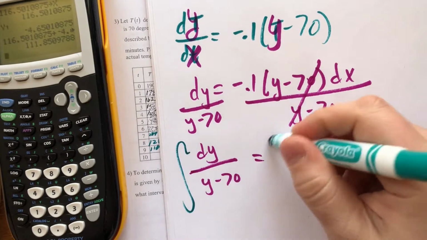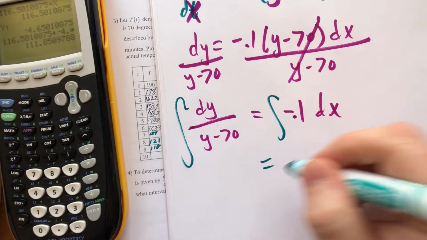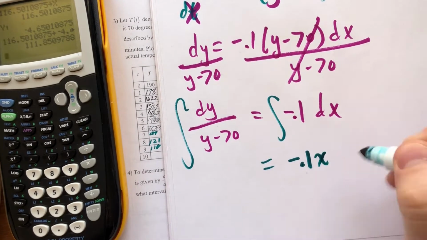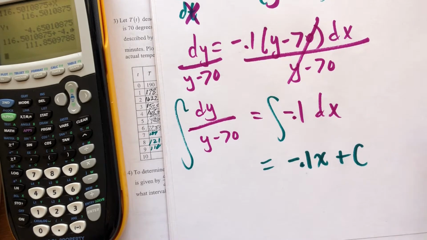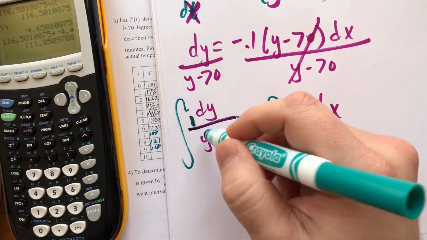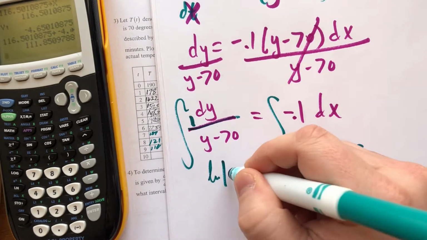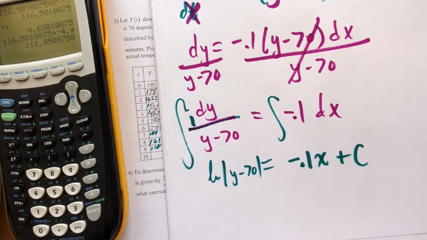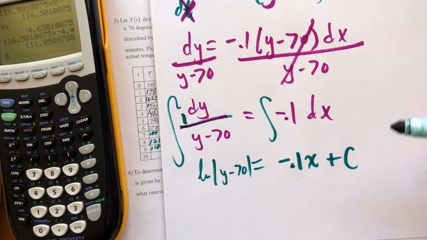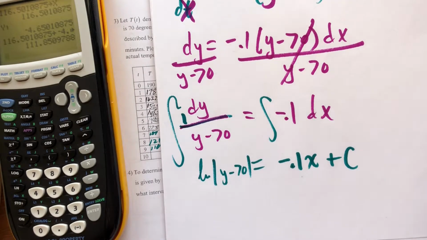Believe it or not, these are very easy integrals. The right-hand side is just negative 0.1 x, and the left-hand side, well, this is 1 over that stuff, right? So I could just say that it's natural log, because the derivative of this is just 1 over y minus 70.